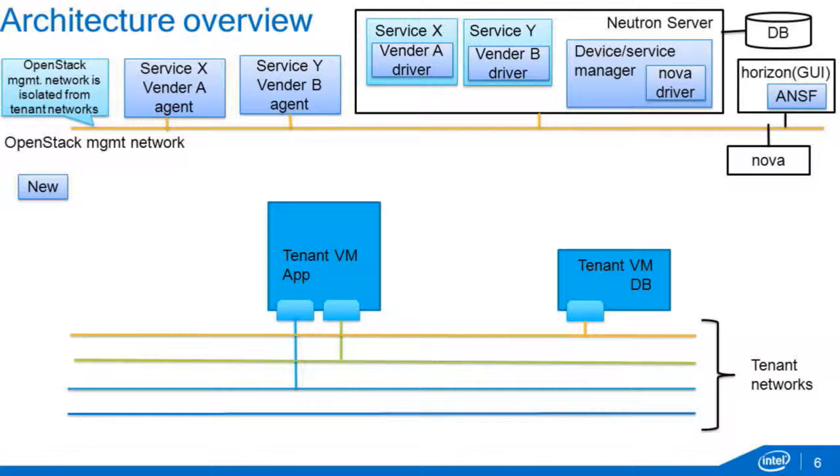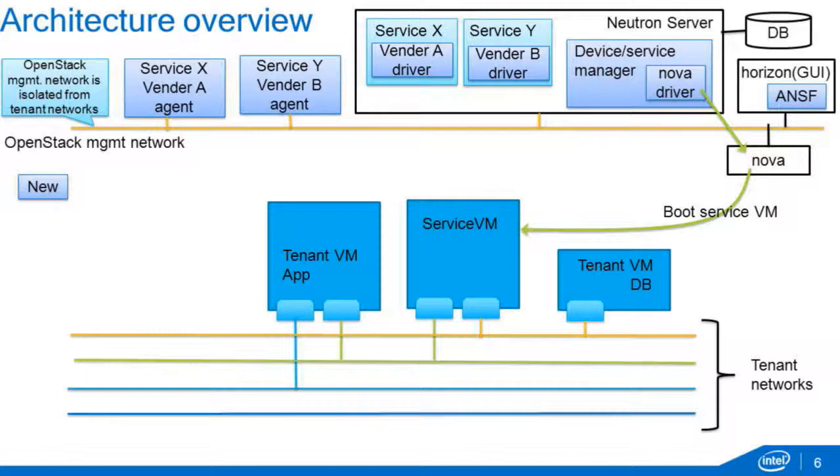At that time, the framework notices there is no service VM available for firewall service. So it starts to boot necessary virtual machines. It requests create VMs to Nova, and then Nova creates virtual machines on demand.